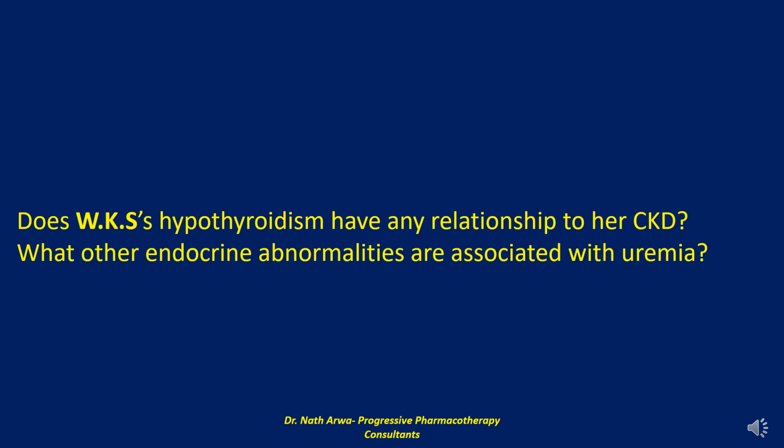Hypothyroidism in patients with kidney failure should be confirmed by the presence of an elevated serum thyroid-stimulating hormone concentration and a low serum concentration of free thyroxine. Other endocrine abnormalities that have been observed in patients with CKD include gonadal dysfunction leading to impotence, diminished testicular size, menstrual abnormalities, and cessation of ovulation.